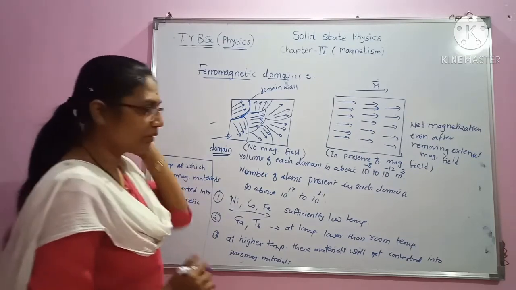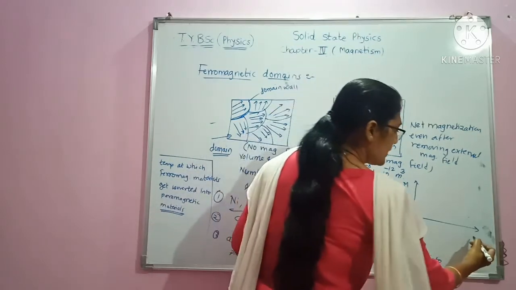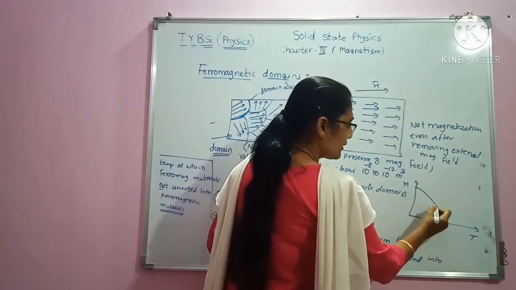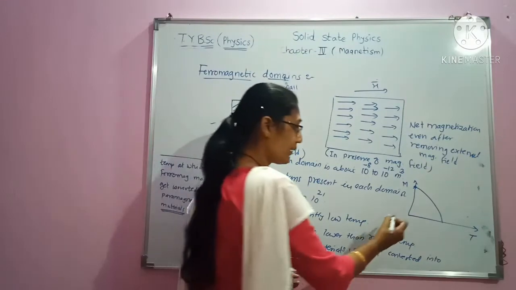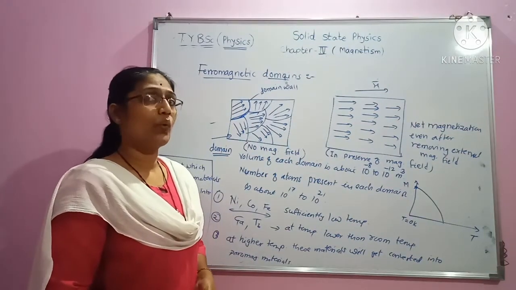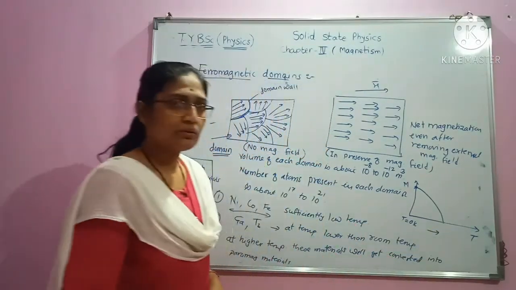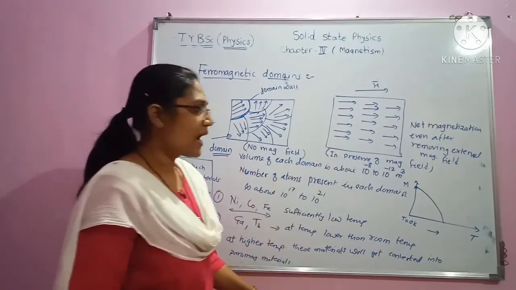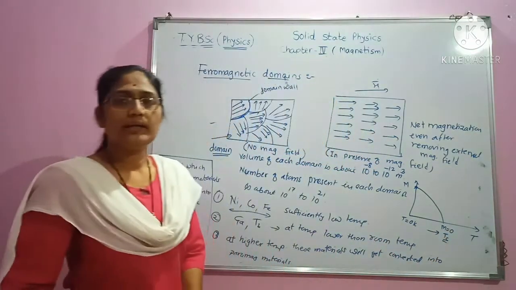Then, if we plot a graph of magnetization produced versus temperature in case of ferromagnetic materials, then it is observed that these materials will have higher value of magnetization or called as spontaneous magnetization at a temperature T is equal to 0 Kelvin, and as we go on increasing the temperature, then it is observed that this material will lose the alignment of the dipoles and their magnetization will become 0 at a temperature called as Curie temperature.